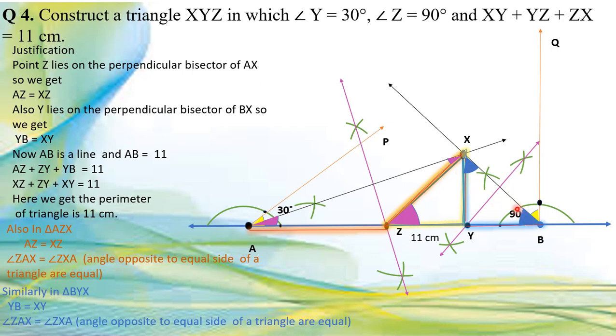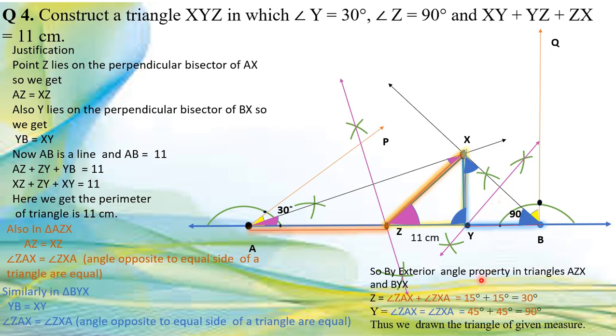Now here this angle we have drawn with a perpendicular, this is the angle bisector, that means 90 divided into two parts, 45 and 45 here. So these two angles are equal, both angles are 45 degrees. So we can say the exterior angle is equal to 45 plus 45, which becomes 90 degree.